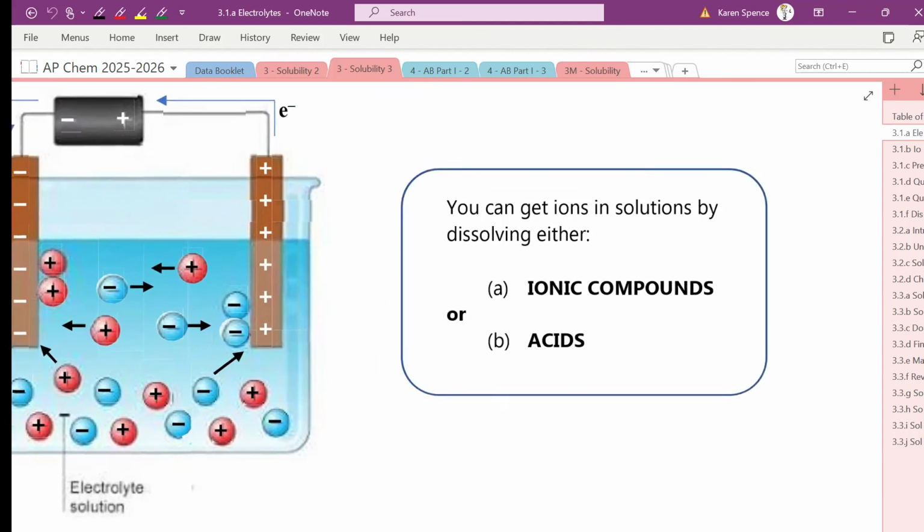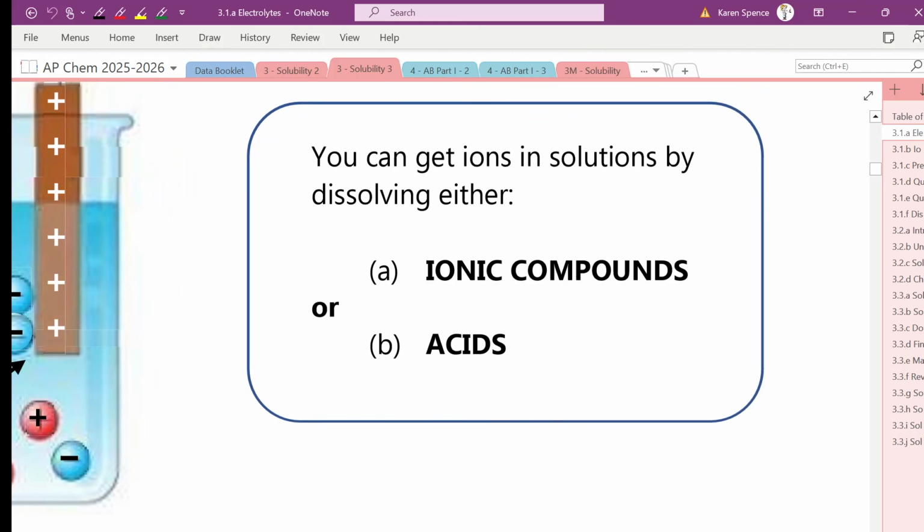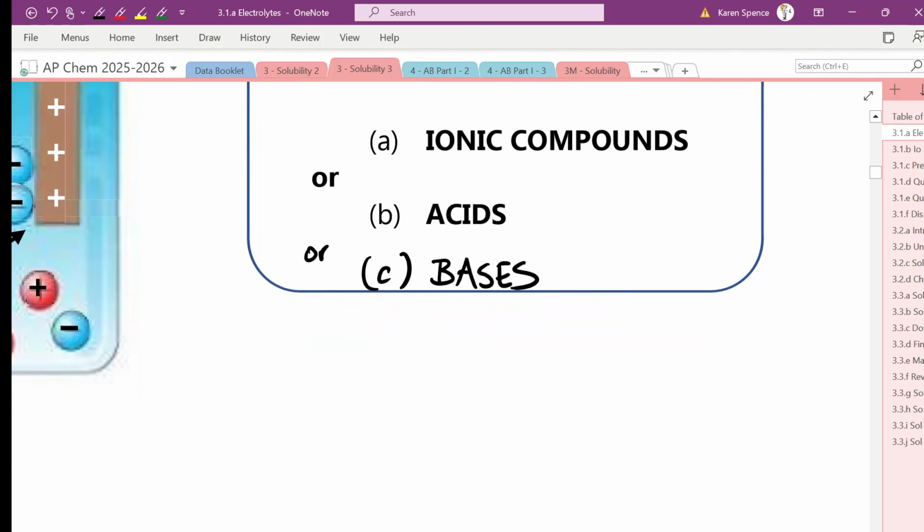Now, you can get ions in solutions by dissolving ionic compounds, acids, and we're going to add one in here, or bases. Can you think of a base that is not made of ions? See if you can find a base that is not made of ions. Where would you look?